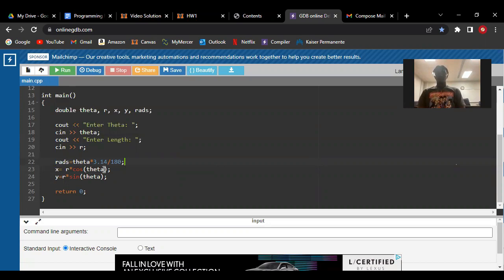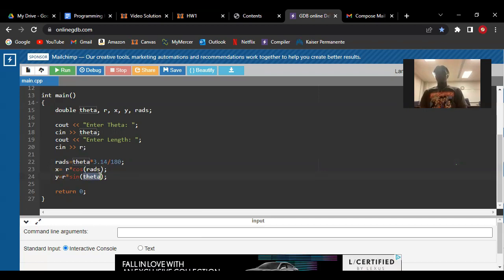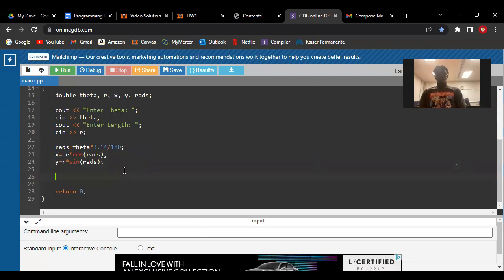Okay. So then what we're going to want to do is go to our formulas, and because we transferred our theta to radians, we're going to want to change this to rads. After that, we're going to want to output what we get.